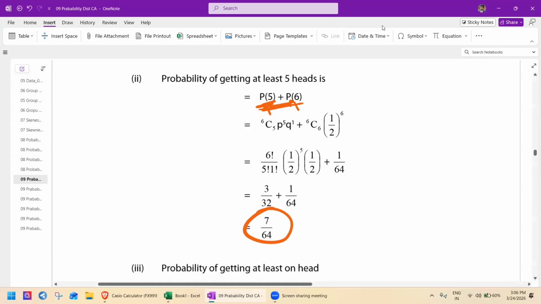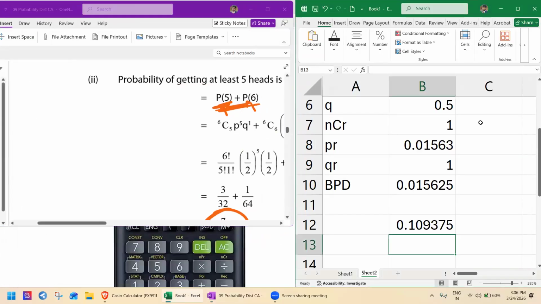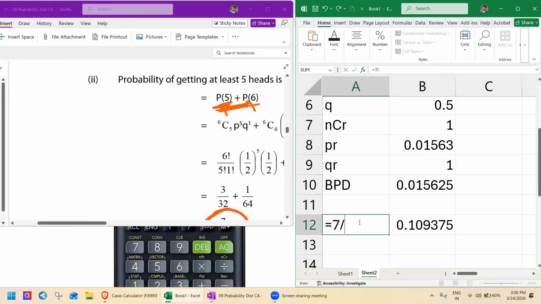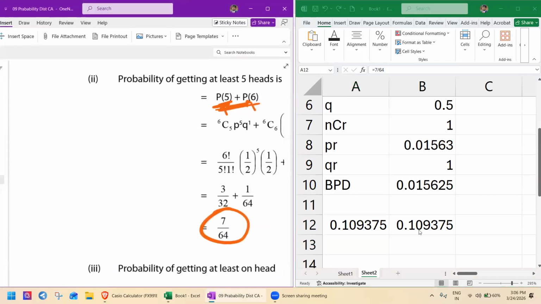Let's see. Right, we are getting the same answer, 7/64. Right, 7/64 equals 10.975. Clear?